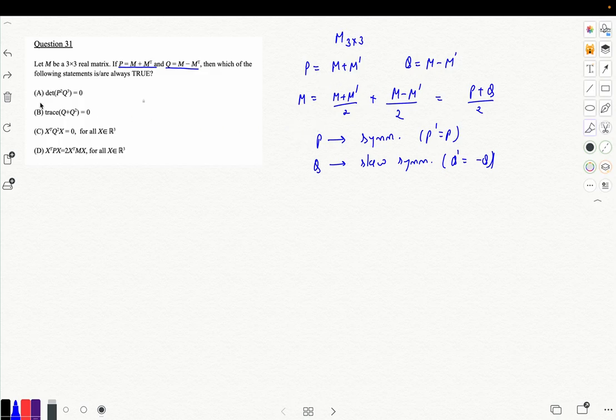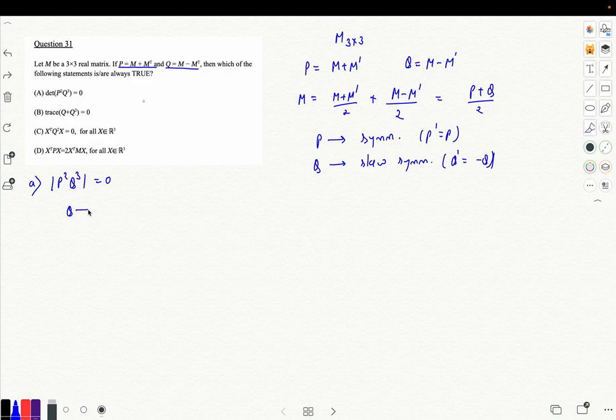Now let's see option A. Option A is saying that the determinant of P square Q cube is equal to 0. So we need to check this. Now we know that the determinant of a skew symmetric matrix of odd order is always 0.